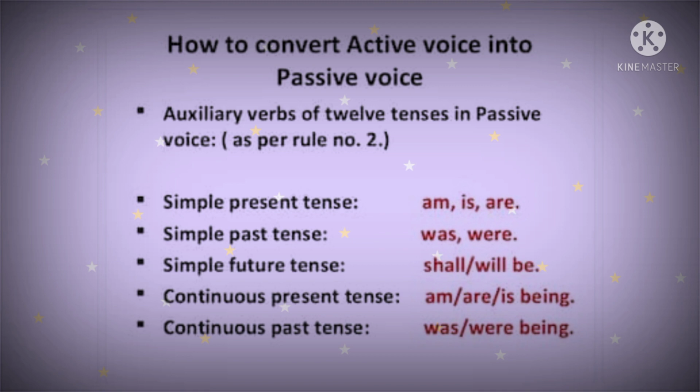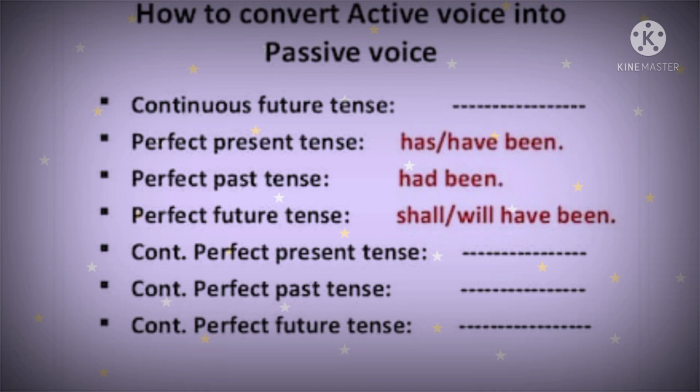Along with is, am or are, being is used in order to make sure that the sentence is a continuous sentence. Past continuous will follow was or were plus being plus V3.